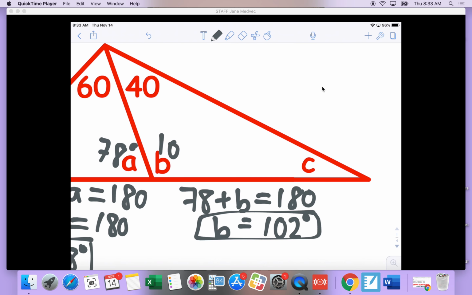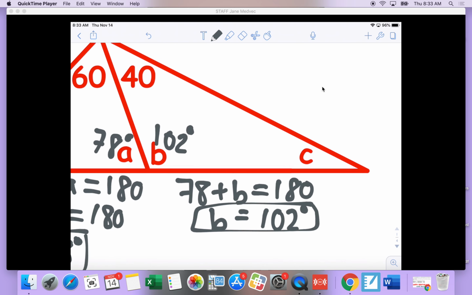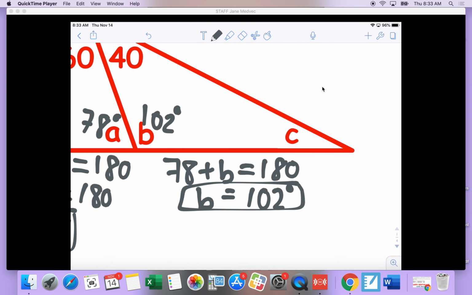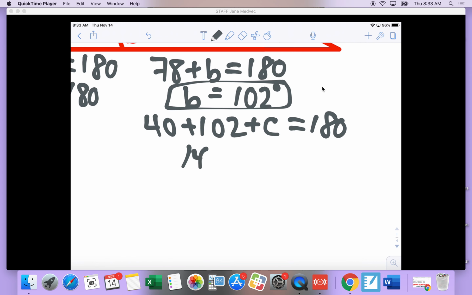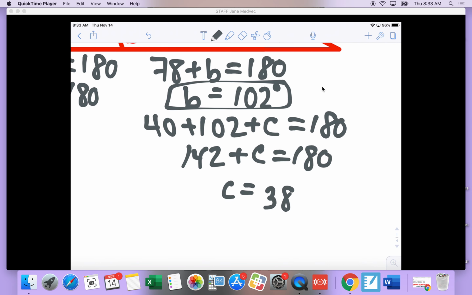Okay, so this is 102. And then C, I'm going to take what I had before. So 40 plus 102 plus C equals 180. 142 plus C gives me 180. C ends up giving me 38 degrees.